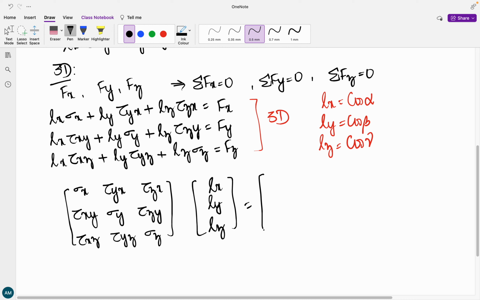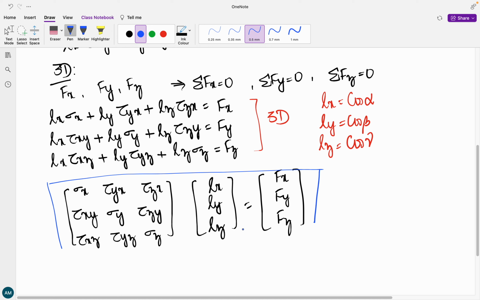This is equal to fx, fy, fz. Okay, we have reduced it in terms of a matrix equation. Yes, this is the boundary condition for 3 dimension.